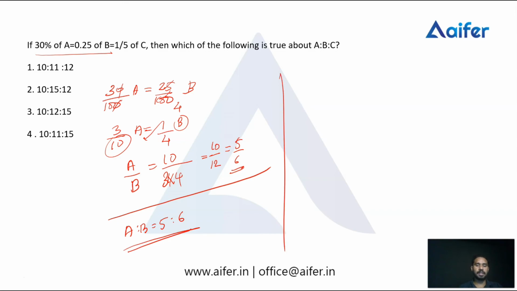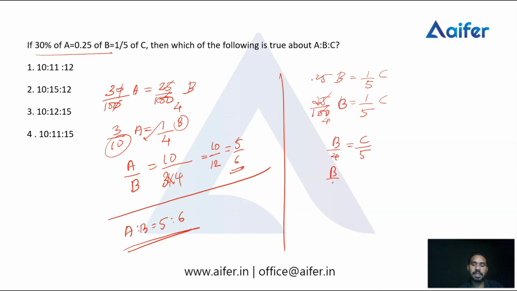Then the second statement: 0.25 of B is equal to 1 by 5 of C. 0.25 we can write as 25 by 100, so 25 by 100 of B is equal to 1 by 5 of C. That is B by 4 is equal to C by 5.